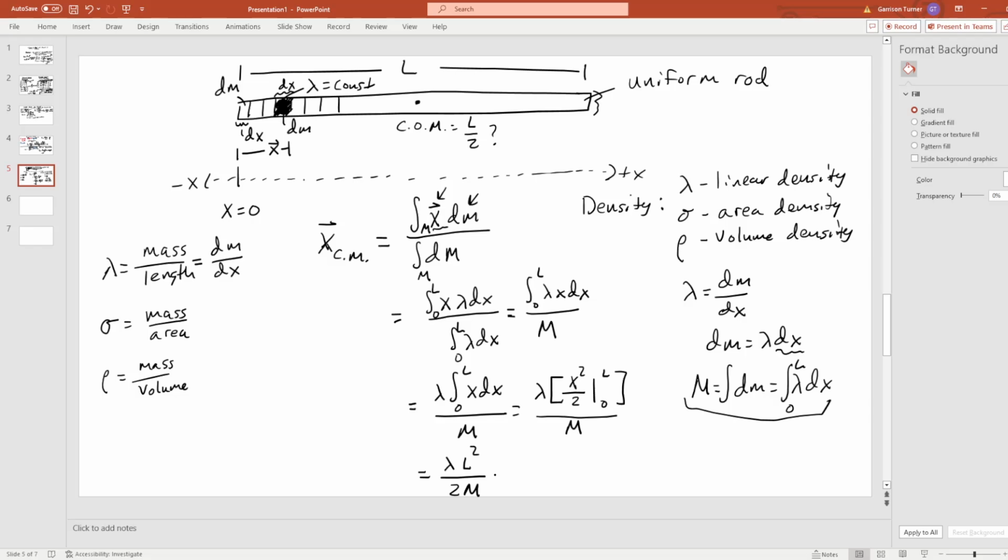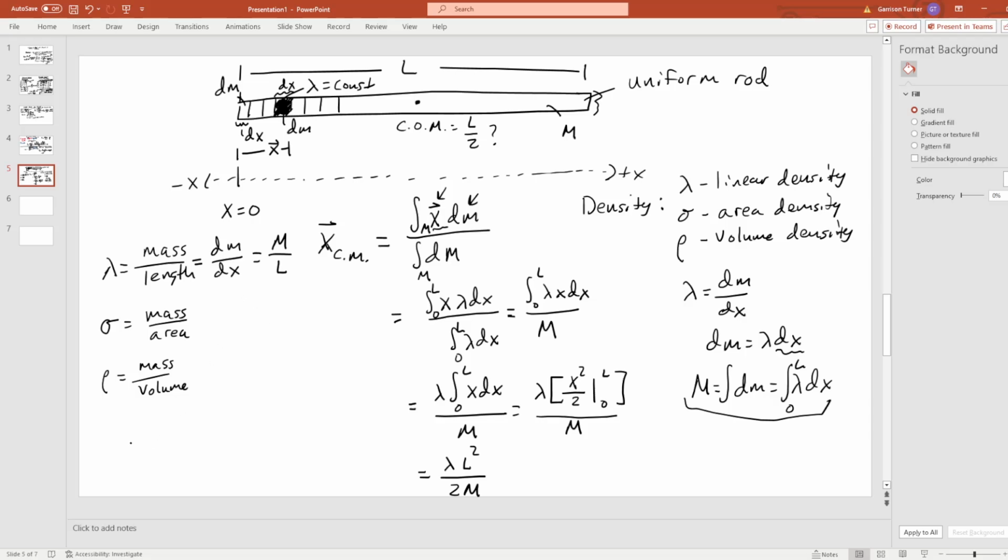Well, if I look at the entire length of the rod, I will have a total mass m over a length L. So not only does lambda equal dm/dx for each little mass element, but it also equals my total mass over my total length.